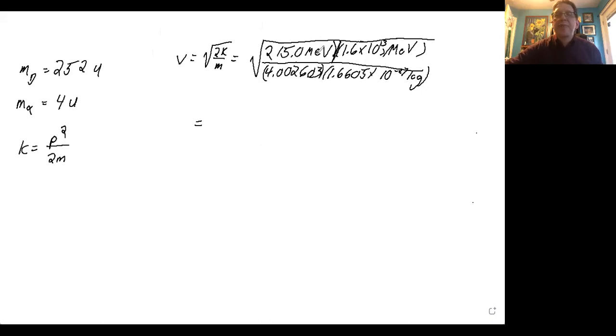So that's 2.5 divided by 1.6 times 10 to the negative 13 mega electron volts per joule. All right, so that converts it to joules. Hold on. It's 1.6 times 10 to the negative 13 joules per mega electron volts.